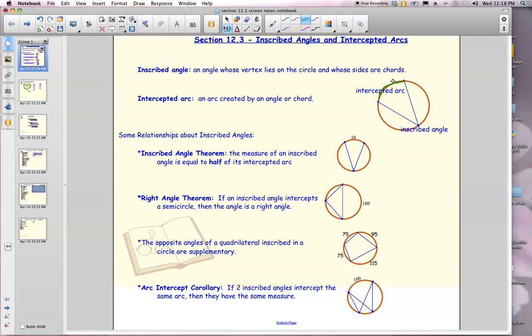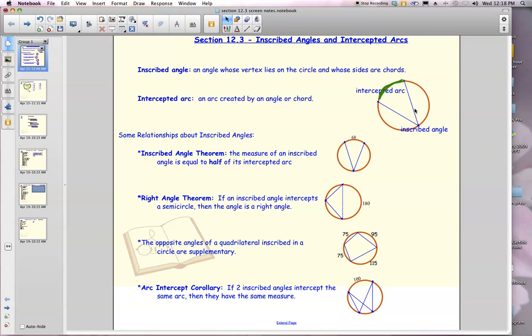So if you look at this green part here, this is the intercepted arc. It's the part that looks like if it was a Pac-Man, the inscribed angle would be eating the intercepted arc. Okay, so an inscribed angle sits like a V inside of a circle, and it eats the intercepted arc.